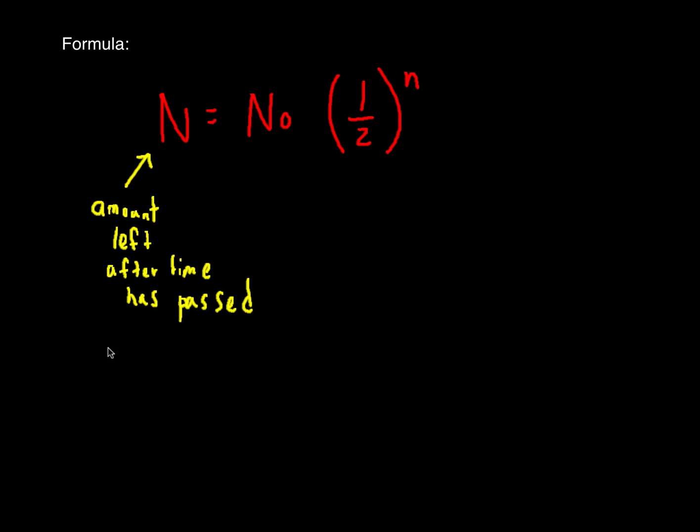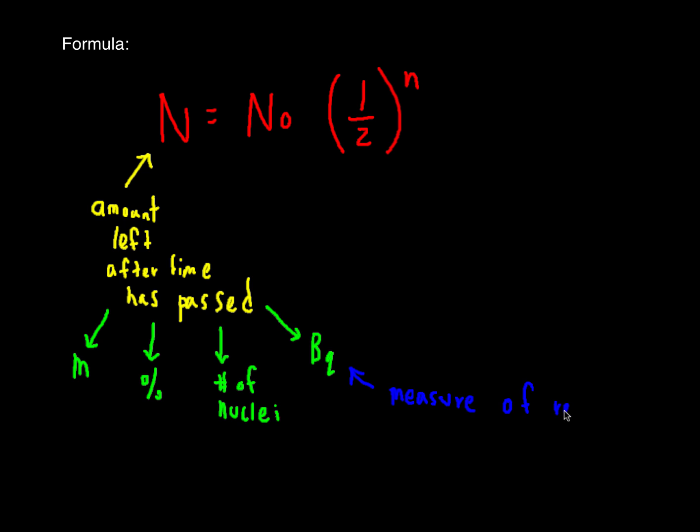This amount could either be the amount of mass, the percent that's left, the number of nuclei, or the rate of radioactive decay, which is given the unit becquerels. The unit becquerels measures the rate of radioactivity of the substance.